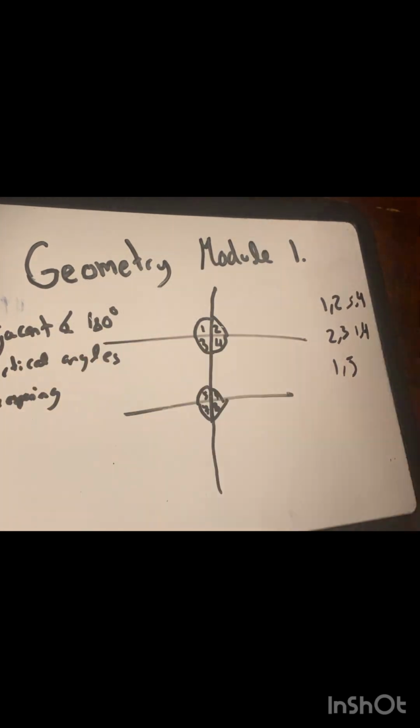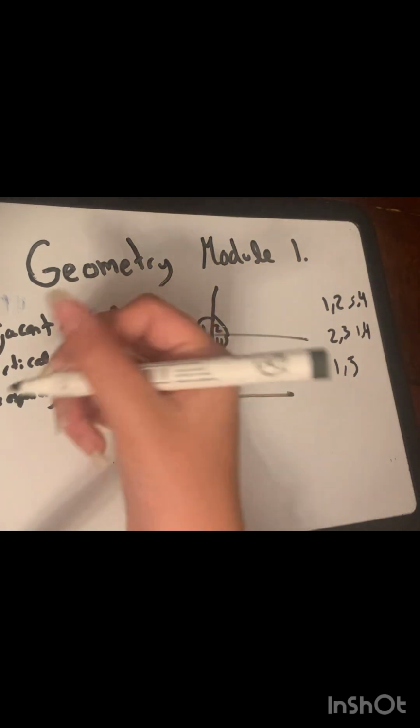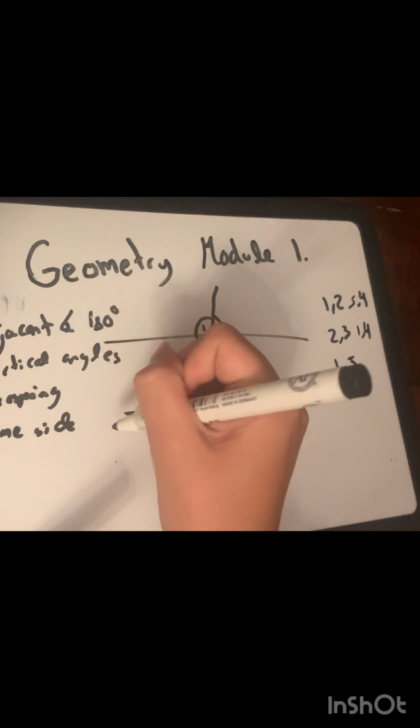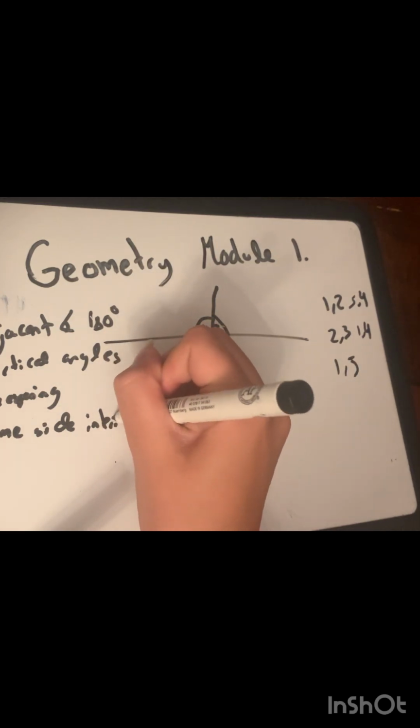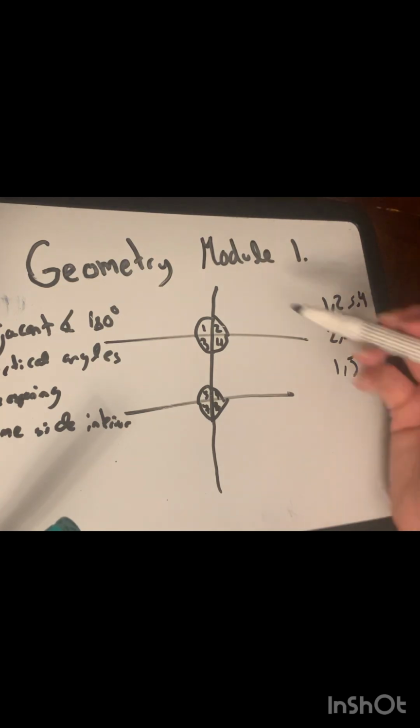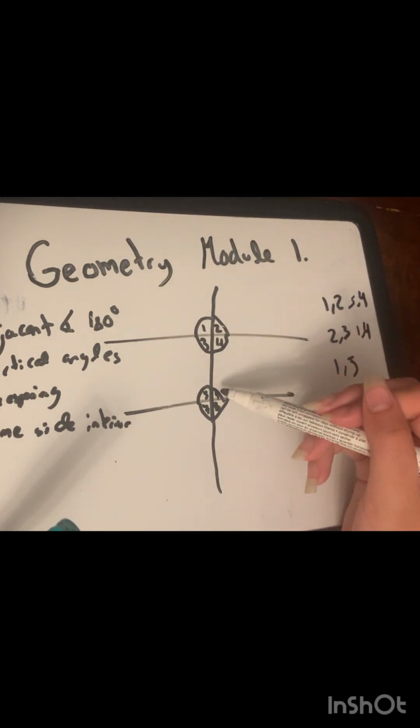Okay, now these get a little bit complicated. If you guys have the same side interior angles, what does interior mean? Interior means inside. So it wouldn't be the outside ones that are out like that.